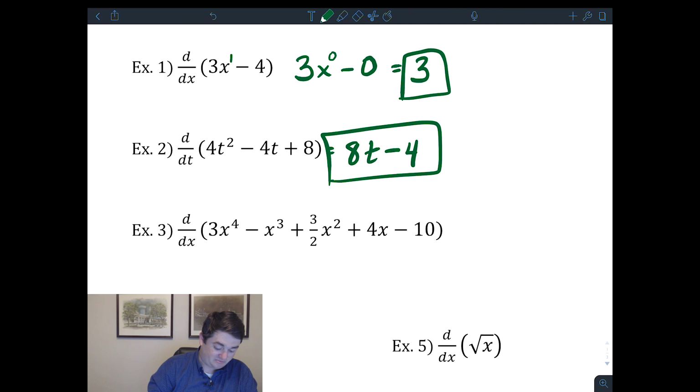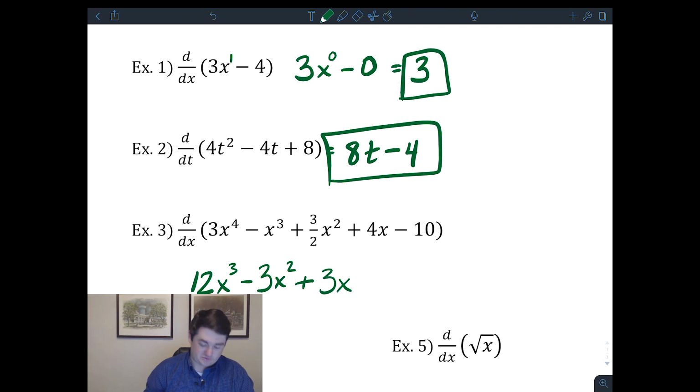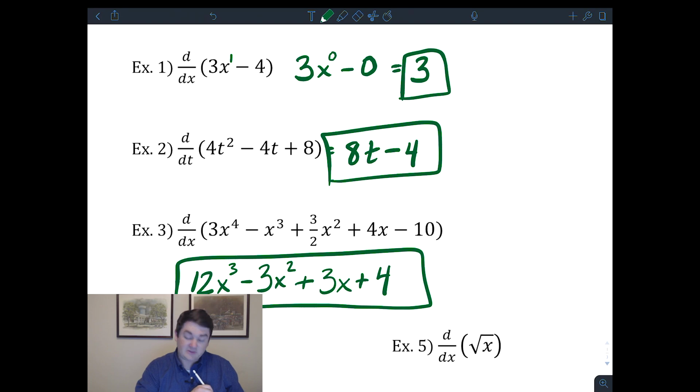My derivative is going to be, using the power rule, 4 times 3 is 12, x to the third power minus 3, x to the second power, plus 2 times 3 halves is 3, x to the first power, plus the derivative of 4x is 4, minus 0. There's my derivative. So to find the derivatives of polynomials using the power rule and the constant rule together, what was an arduous process has become fairly quick.